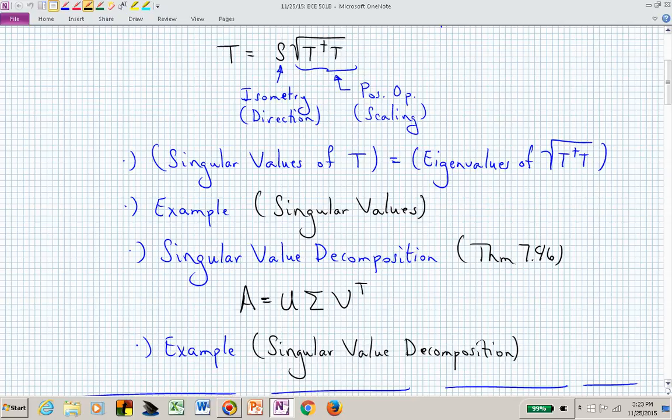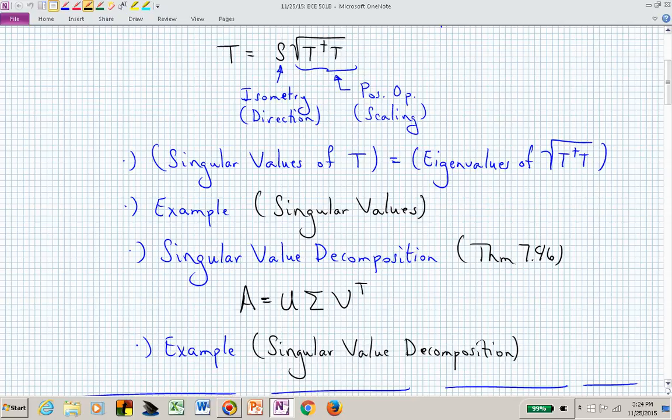Each of those two pieces in U will correspond to the range of A and the orthogonal complement to the range of A. And the two-part separation of V will find an orthonormal basis for the null space of A and the orthogonal complement to the null space of A.